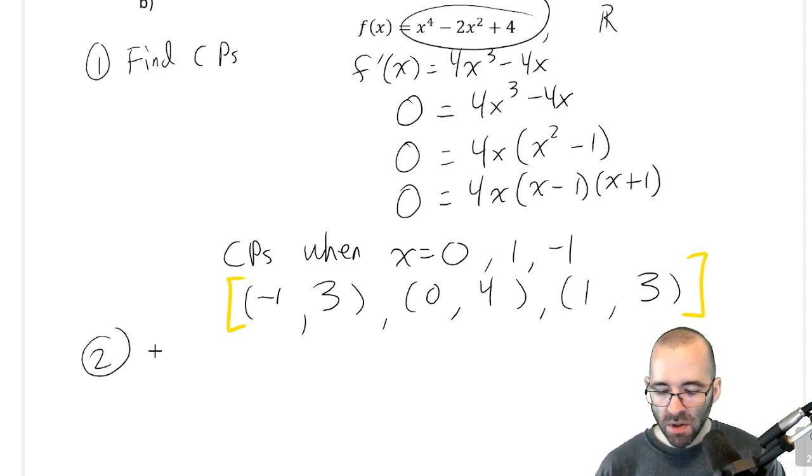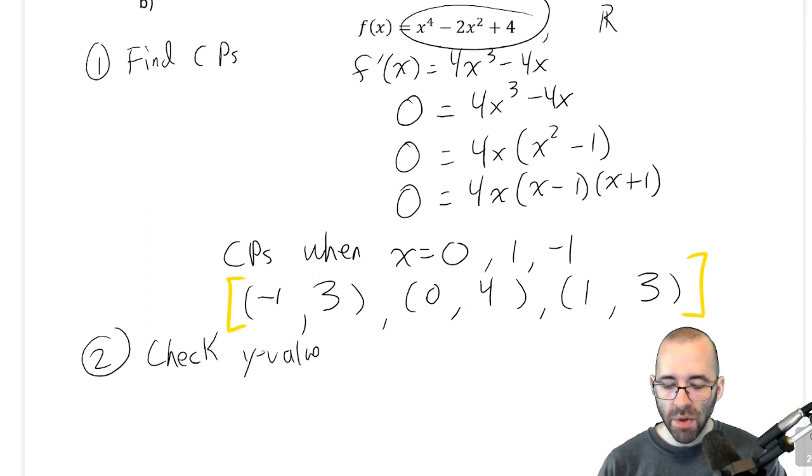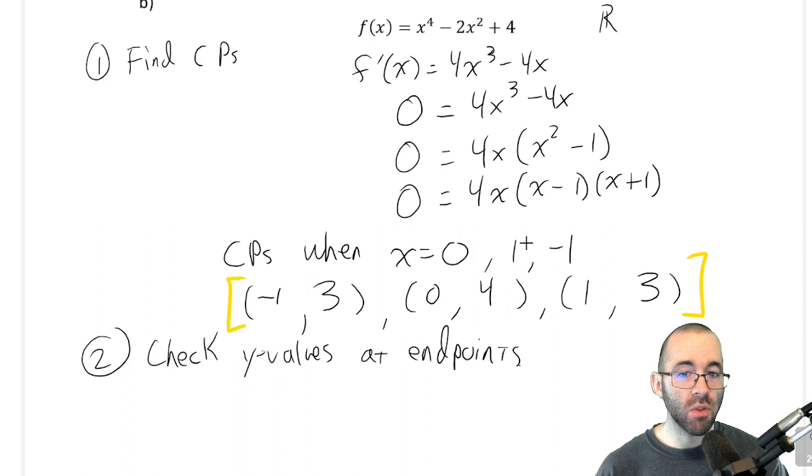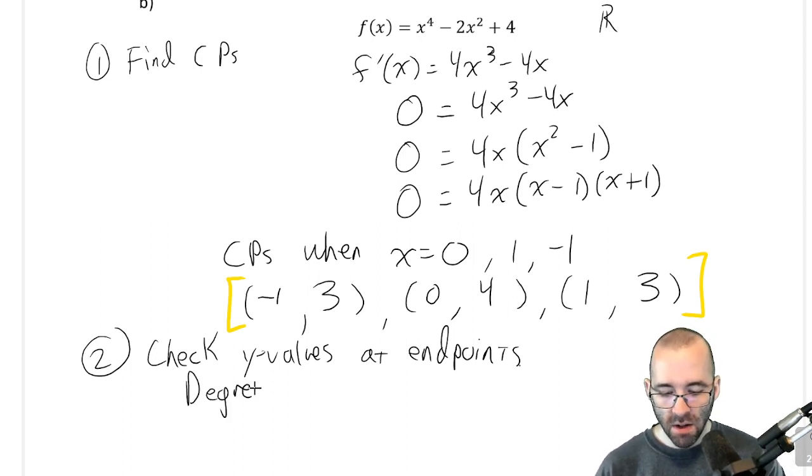Now remember, step 2 was to check the y values at the endpoints. But we don't have endpoints. We have to look at the long run behavior of this function. This is a 4th degree polynomial. The degree is 4.